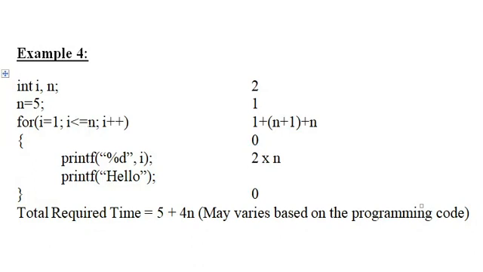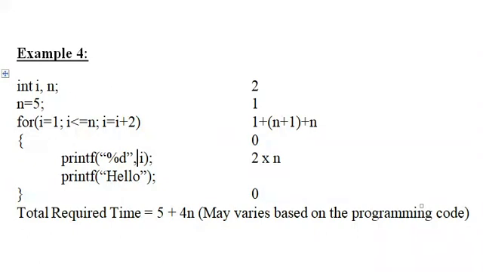Now you can see that if instead of i++ we make it i equals i plus 2, in this case the loop will run only twice, that is exactly half of 5, that is 5 by 2, which is 2 in integer.